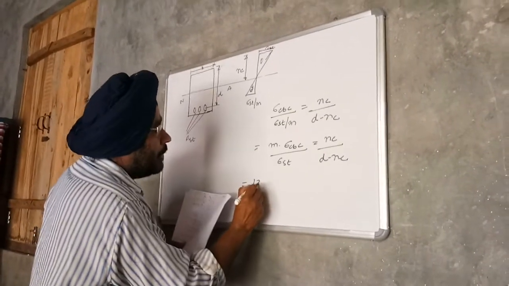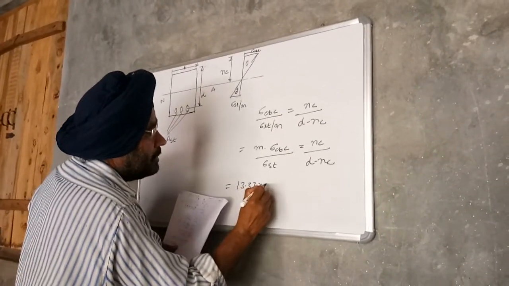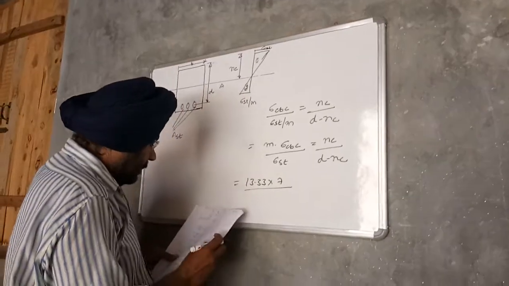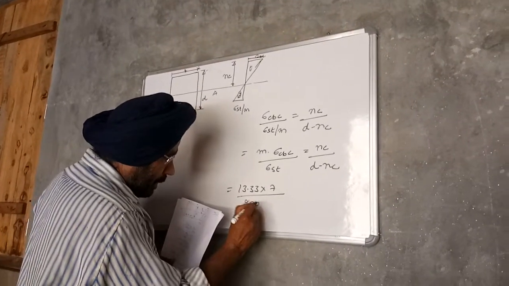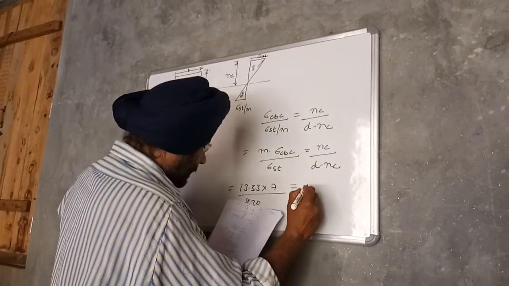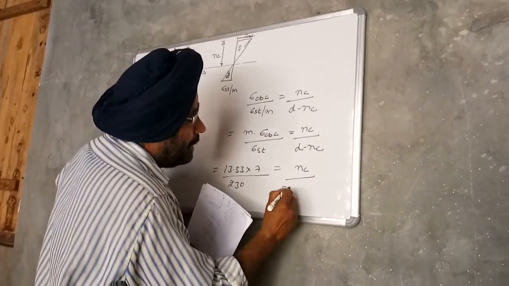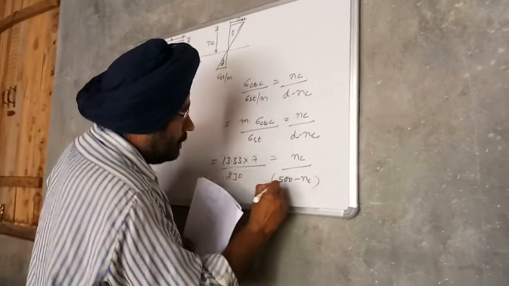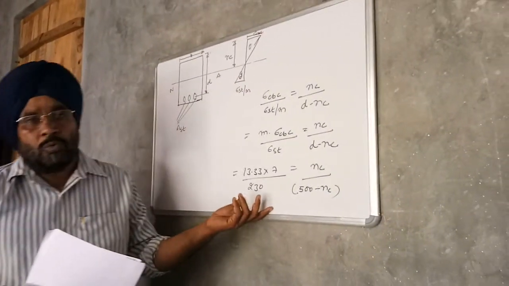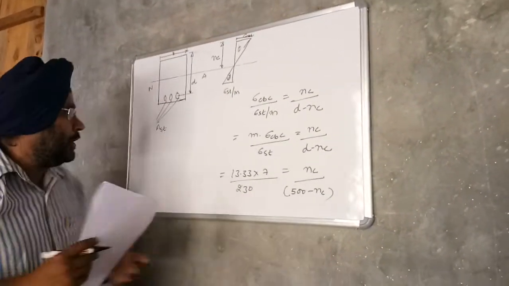So m is 13.33, sigma CBC is 7, sigma ST is 230, and Nc and d: effective depth of the beam section 500 minus Nc. By solving this equation, we get the value of Nc, the critical neutral axis.